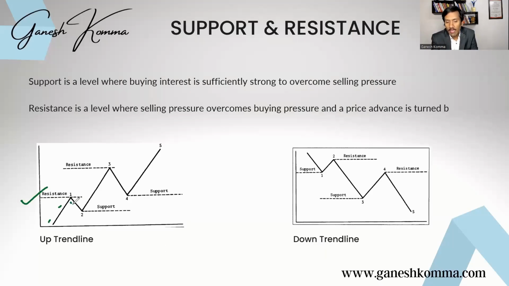And when it again goes down and forms a base, this is called your support level. So during this formation of the chart, you define your S1, support 1, support 2, similarly resistance 1, resistance 2.